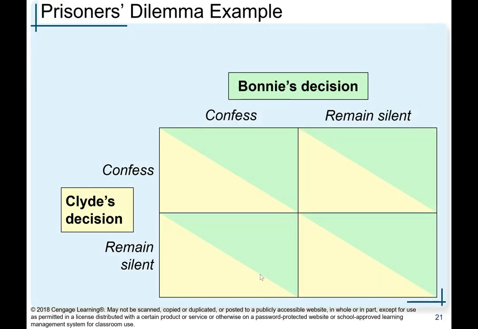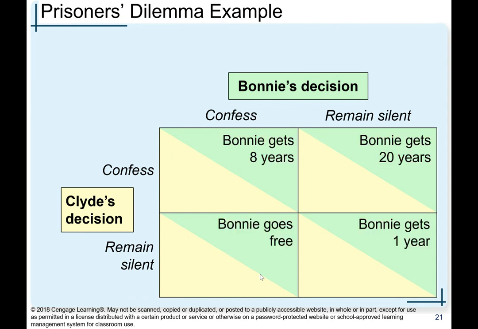This information is represented in this diagram, where we can see that in this quadrant corner, if Clyde confesses and Barney confesses, then Barney gets 8 years, Clyde gets 8 years.